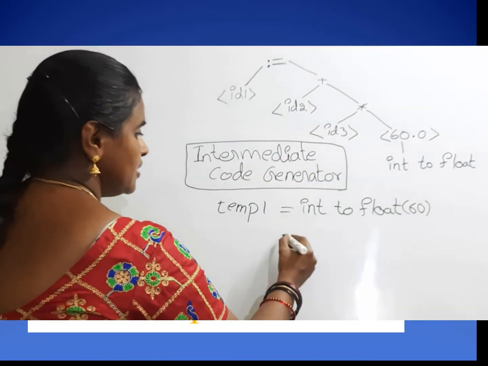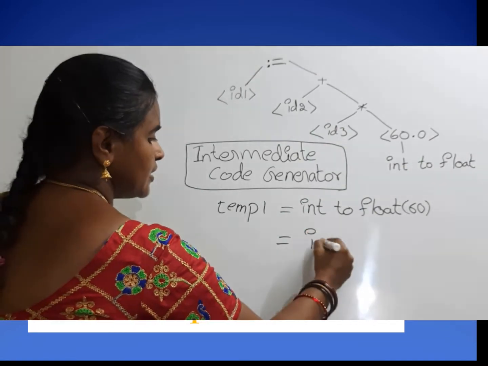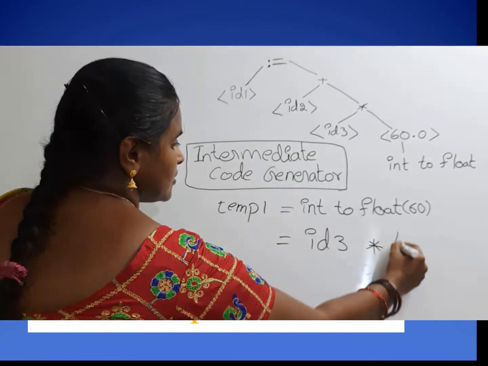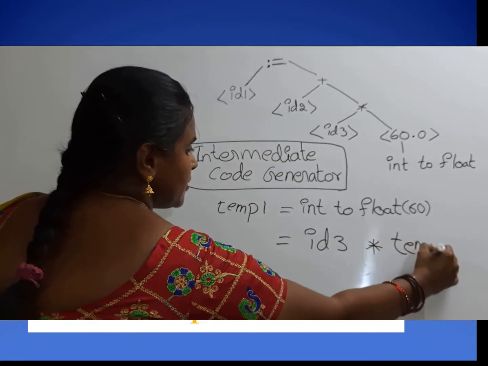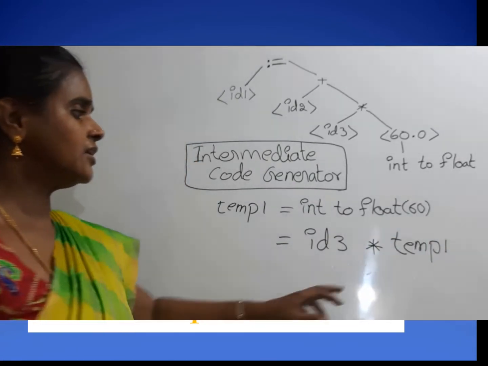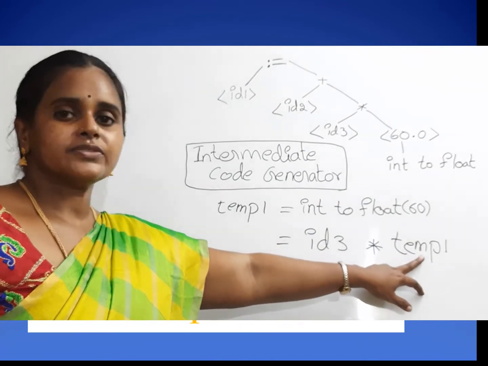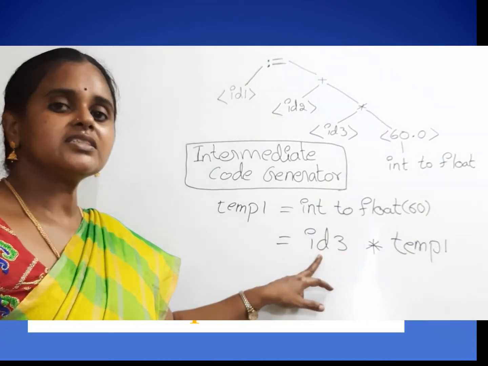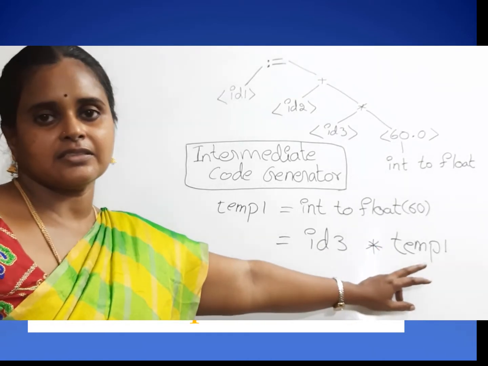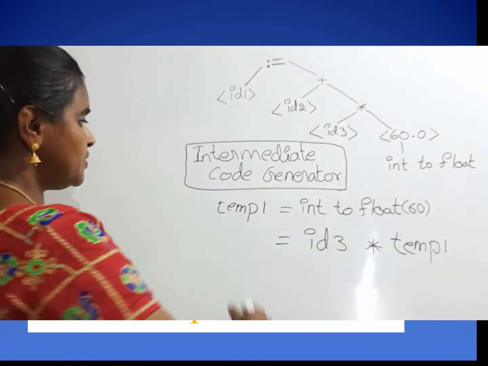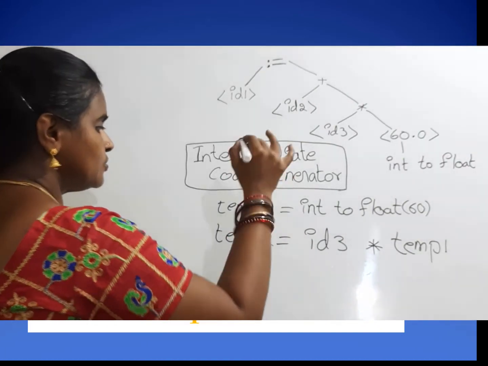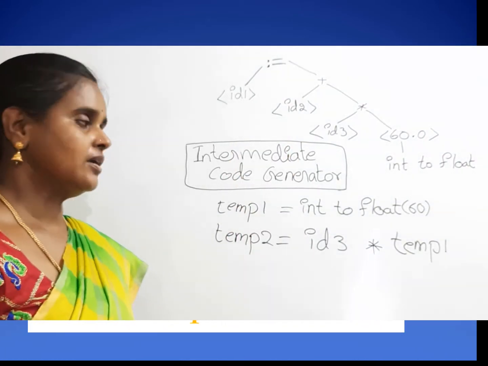Then the multiplication operation is performed on ID3, so the next one is ID3 star temp1. Temp1 is nothing but the floating point value 60.0, so this is rate star 60. Rate star 60 is stored somewhere else, that is temporary 2.